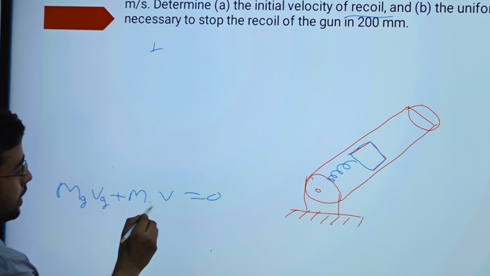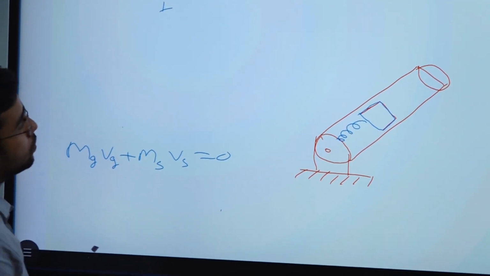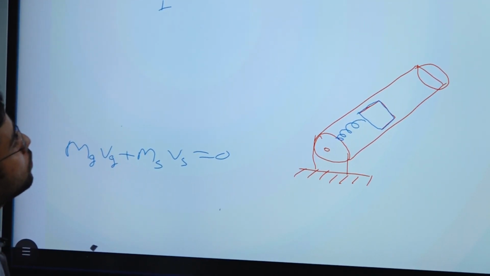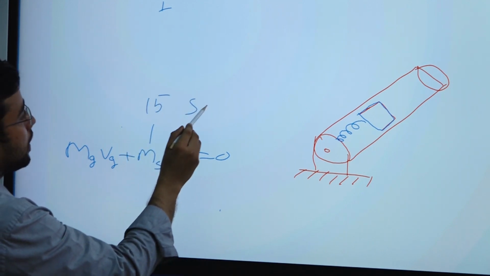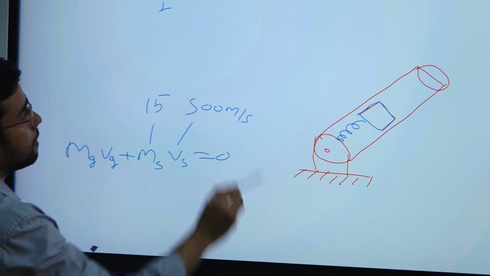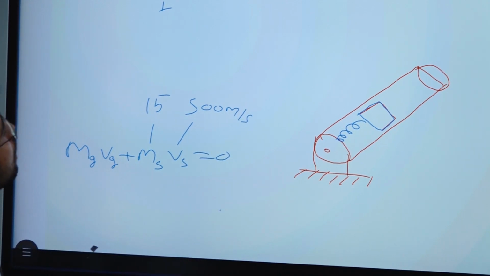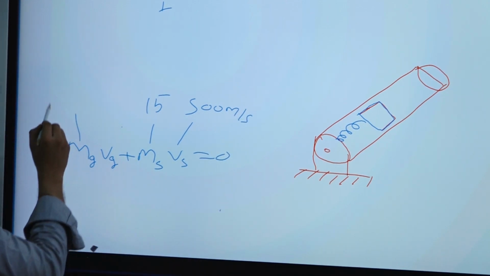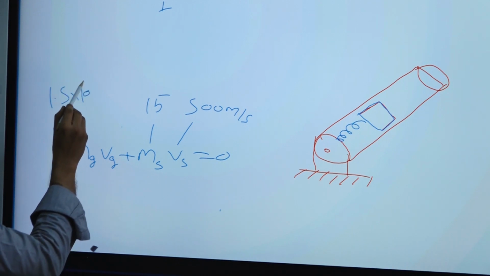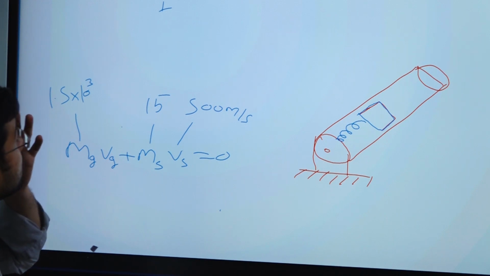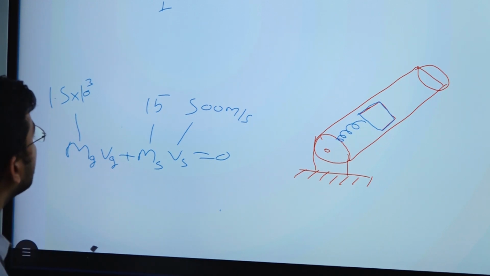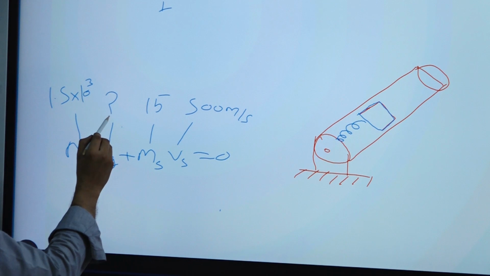Shell. So from the problem we can find out ms is 15 kilogram, vs is 500 meter per second, and mg is 1.5 into 10 to the power 3 kilogram. And what they are asking is the initial velocity of recoil. We have to find out Vg. So how to find out Vg?